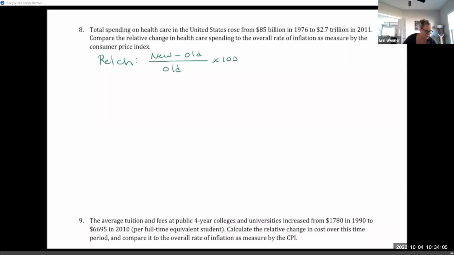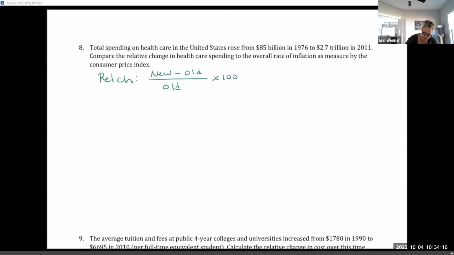Because we have talked about scientific notation and powers of 10, we know that 85 billion is 85 times 10 to the 9th. And we know 2.7 trillion is 2.7 times 10 to the 12th. When we're doing subtraction, though, we can't have them have different powers of 10.